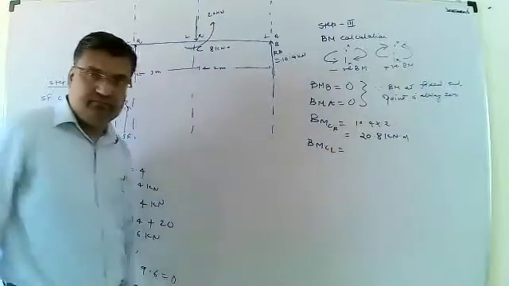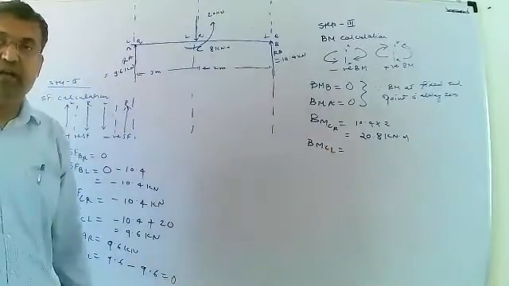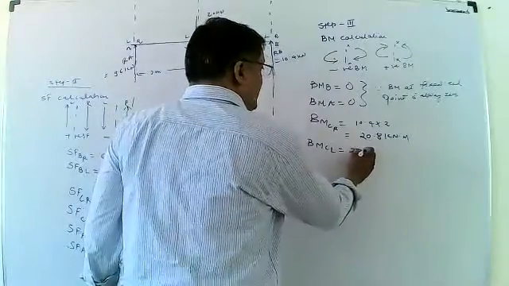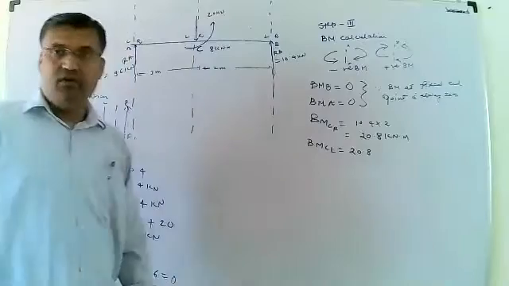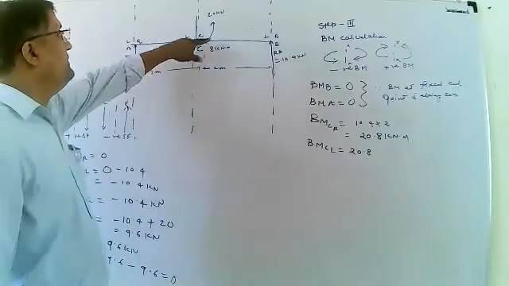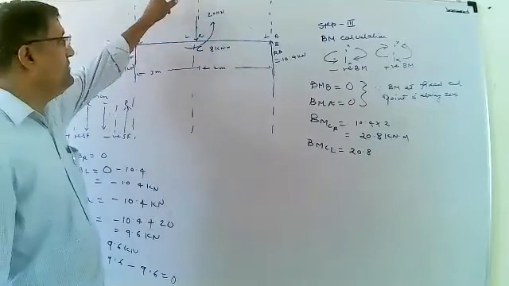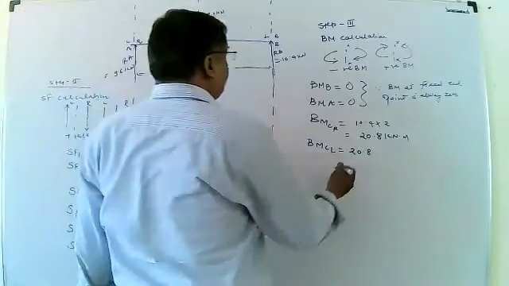Then how to calculate the bending moment at C on the left side? Already we have this value, 20.8. Then this will be sagging bending moment, anti-clockwise is given.